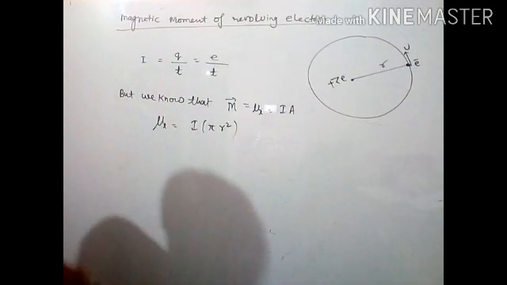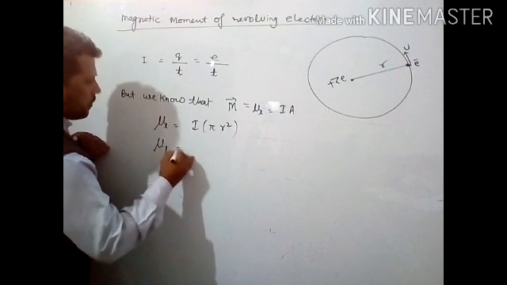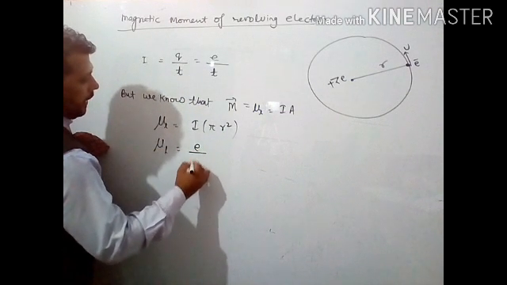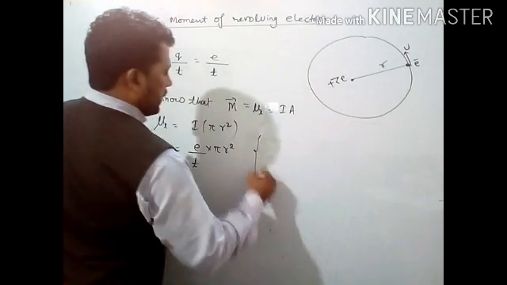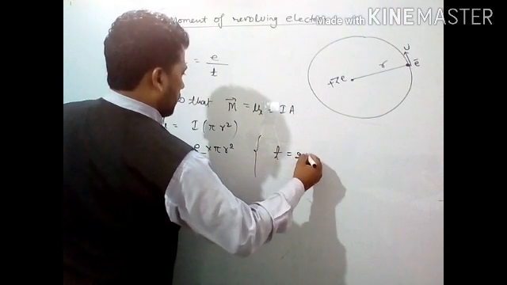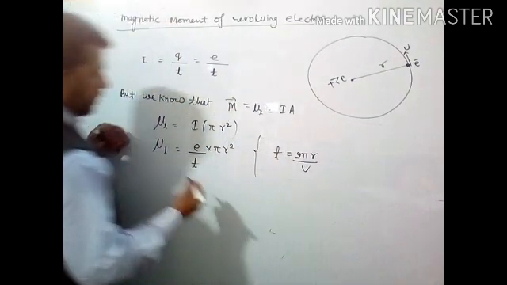So we can write mu L equals to I, which is e by T, into pi r square, whereas T equals 2 pi r upon v.